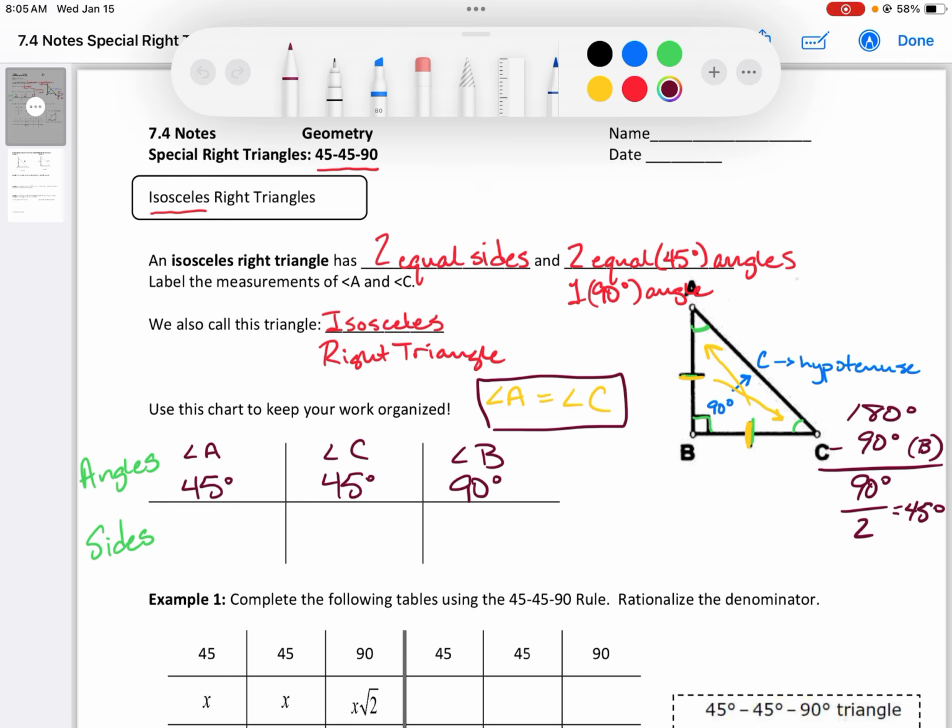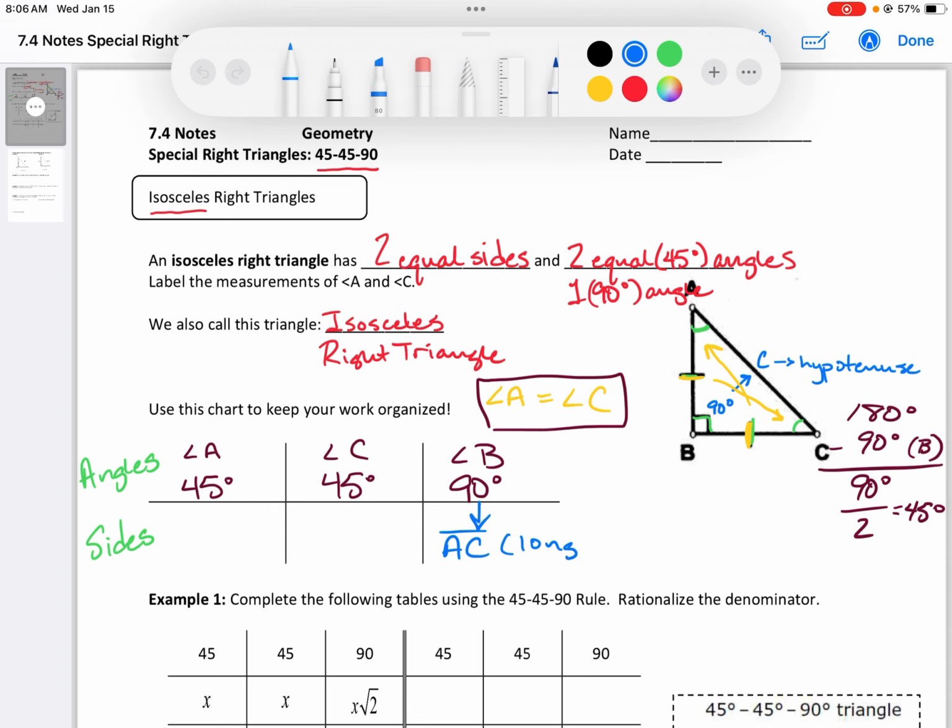All right. On our sides, we can look at the lengths of the sides. We already know that the hypotenuse is the longest side, and it's across from angle B. Across from angle B, we have the longest side, which is AC.